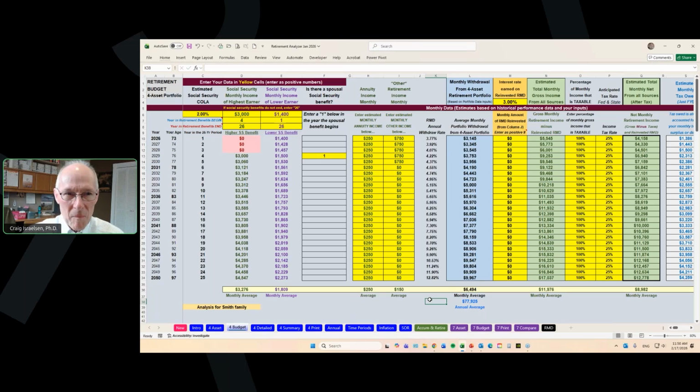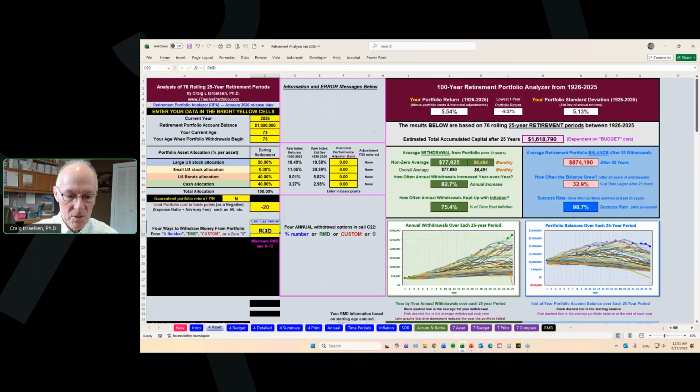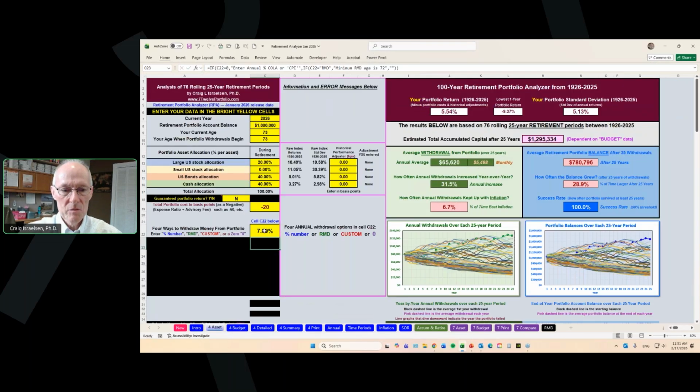And I don't know that necessarily means anything amazing. It's just that you wouldn't want to say, oh, well, then my results using RMD will be the same as if I just put 7% as the fixed rate of withdrawal each year.